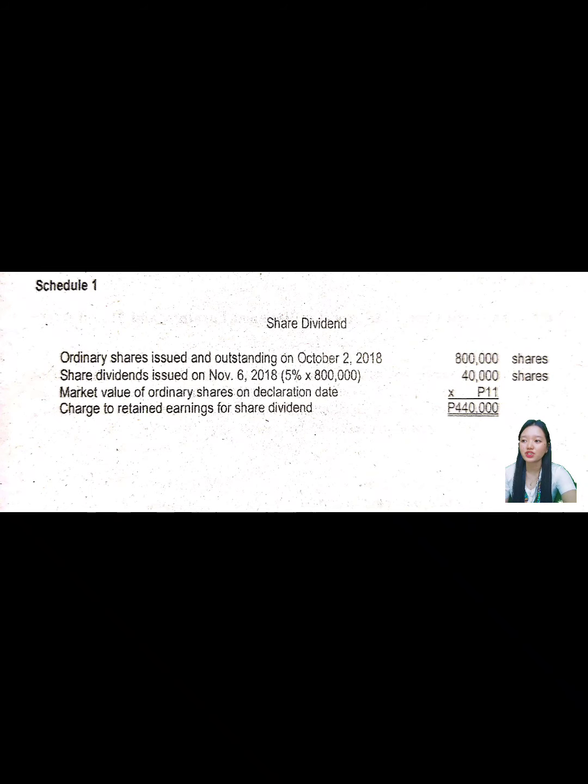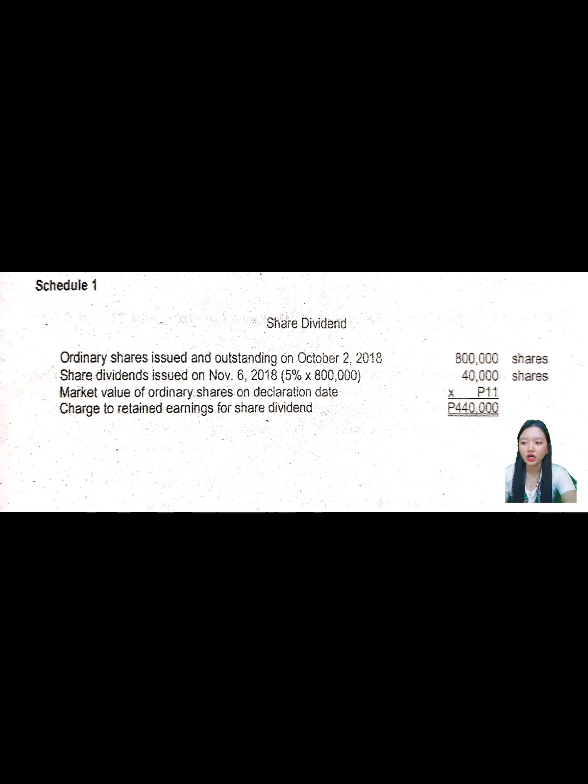So this is our Schedule 1, our share dividend. So first, our ordinary shares issued and outstanding on October 2, 2018 is 800,000 shares. Our share dividends issued on November 6, 2018, which is 5% of our 800,000 shares, is a total of 40,000 shares.